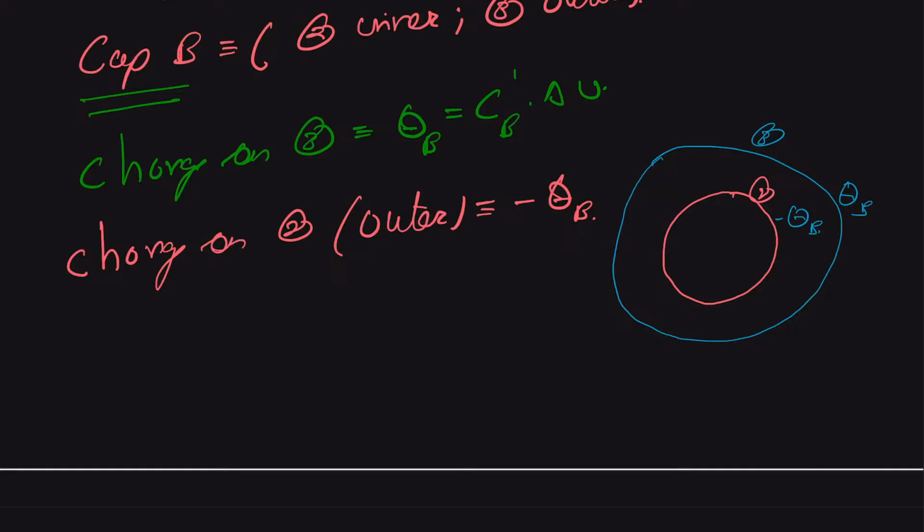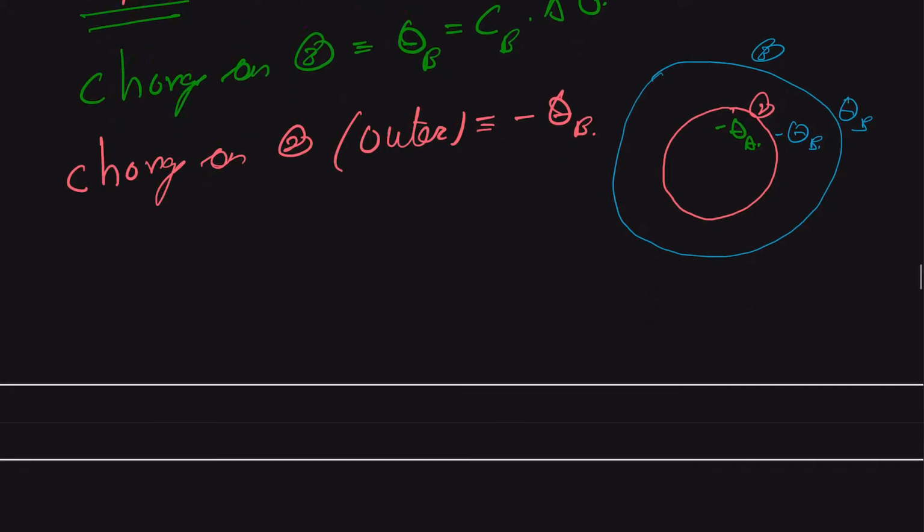We also know that the inner surface is going to have a charge of minus QA. Therefore, we can say the total charge on shell 2.